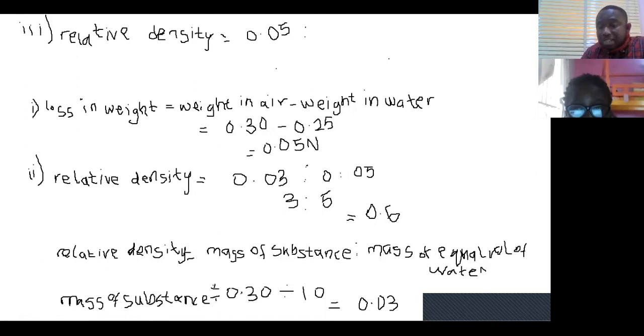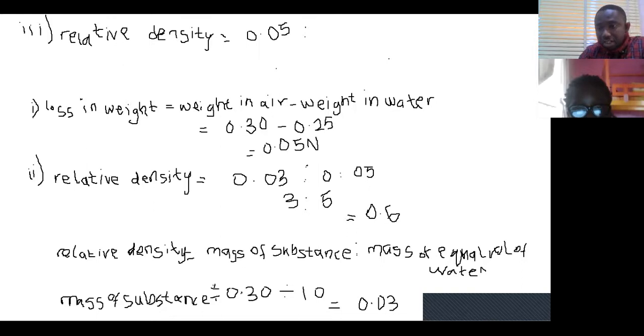But that 0.27 was the weight of the body in water, so you have two conflicting things there. To find the upthrust in liquid, it becomes the weight of the body minus the weight of that body in the liquid. That will give us the loss in weight in liquid.